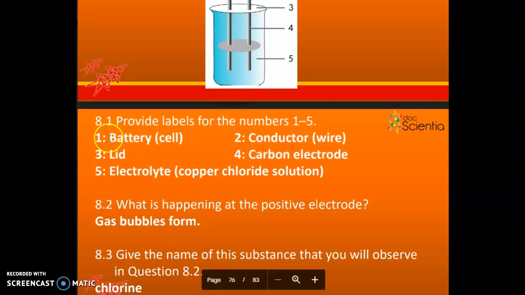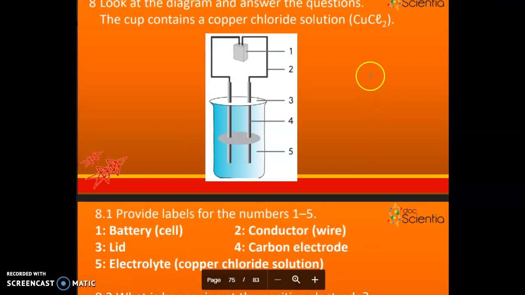So the questions are, provide labels for numbers 1 to 5. Okay, number 1 is the battery. Number 2 is the conductor, the wire. So the wire is always the conductor. Number 3 is the lid.